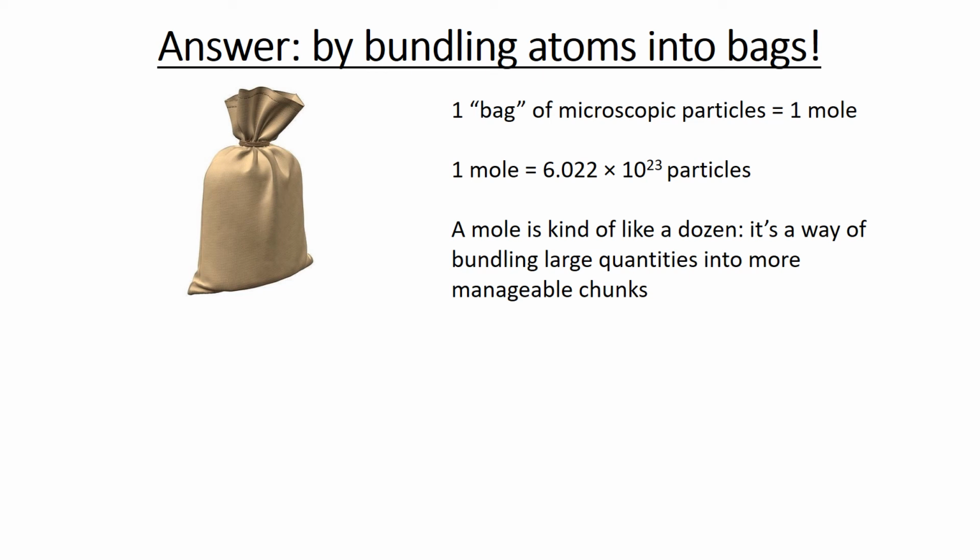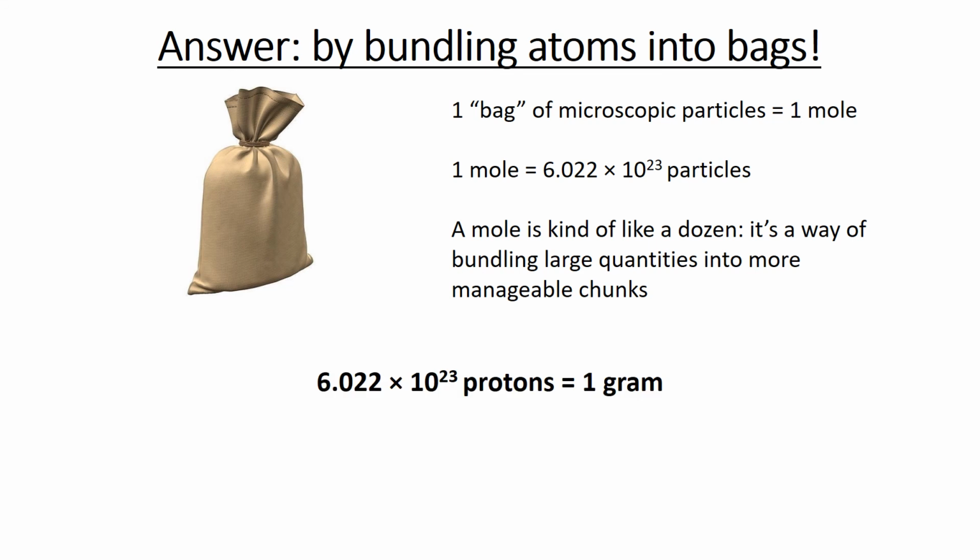And if your donut maker already has boxes of 2 dozen, it's a lot easier to deal with 2 dozen donuts than with 24 individual donuts. Same thing with eggs. So a mole is like that, except a mole is a lot larger than a dozen, but it's the same idea. We're bundling atoms into these more manageable chunks.